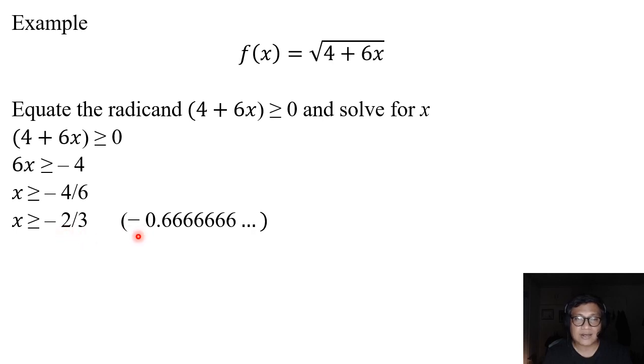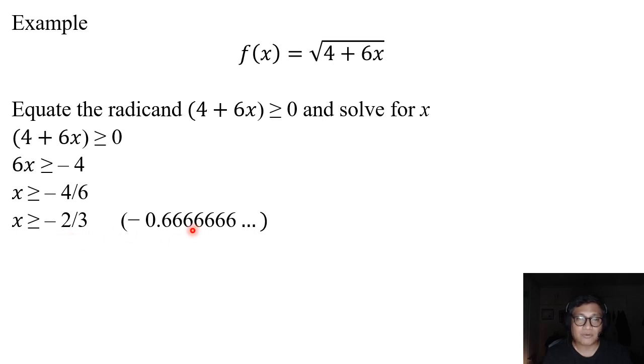This is the same as negative 0.66666 in decimal form. It would be more accurate, class, to use the fraction rather than the decimal number. This is an example of a repeating, non-terminating decimal number, the 2/3 value.